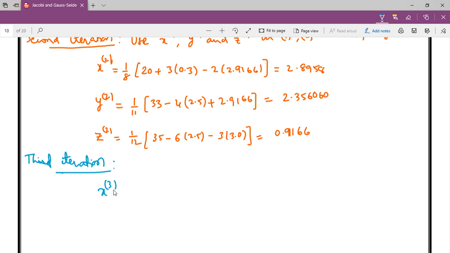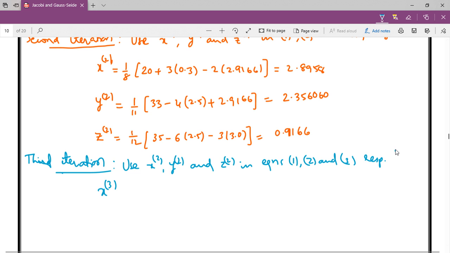For the third iteration, we use x2, y2 and z2 in equations 1, 2 and 3 respectively. We get x3. So x3 is equal to, again writing this formula, 1 by 8 into and so on. Let us do x3 once again.